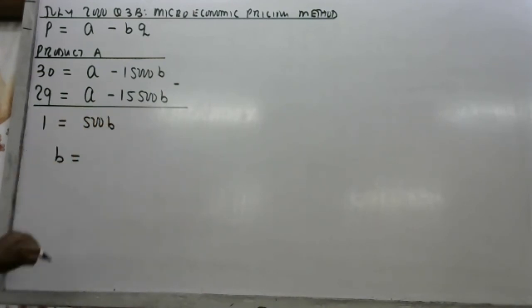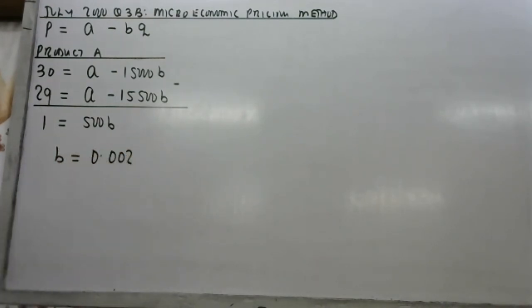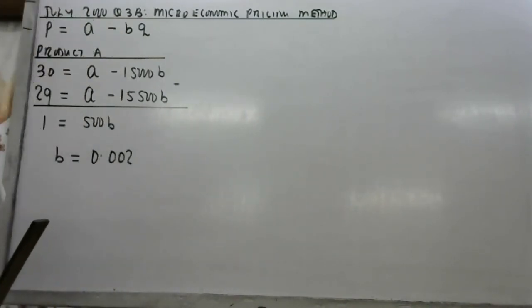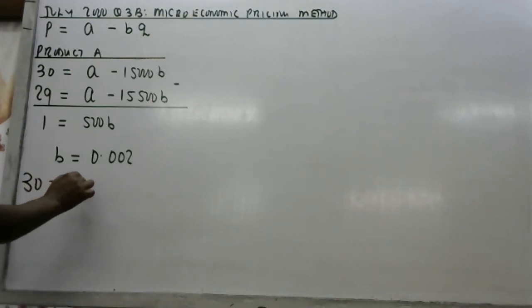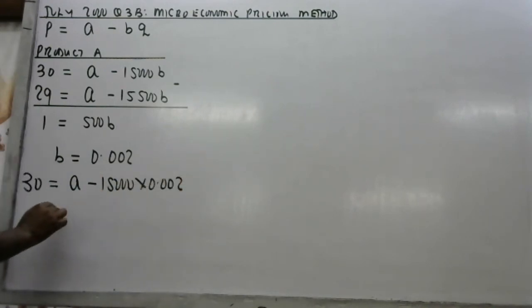So based on that, you should be able to tell me that B is 0.002. Okay, so if that is the case, we proceed and say 30 is equal to A minus 15,000 times 0.002.